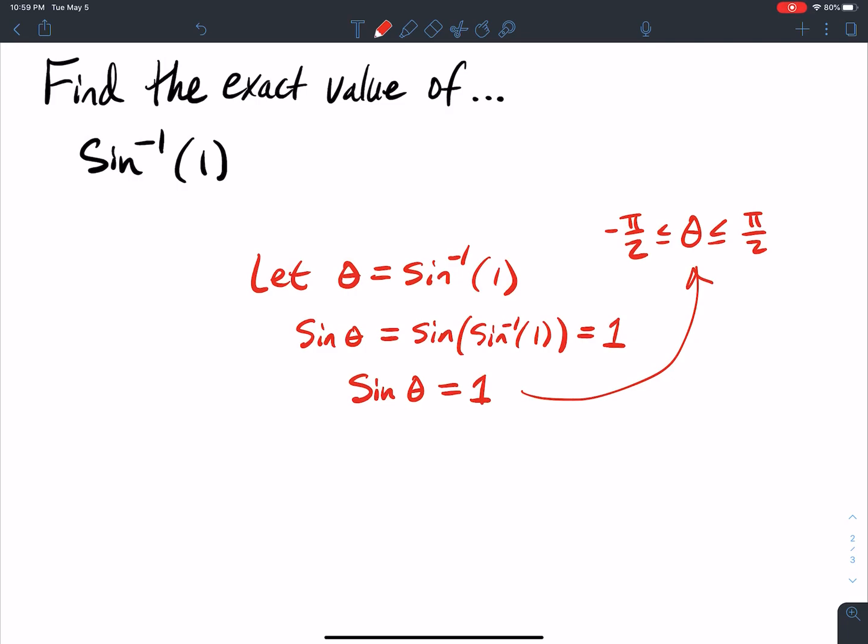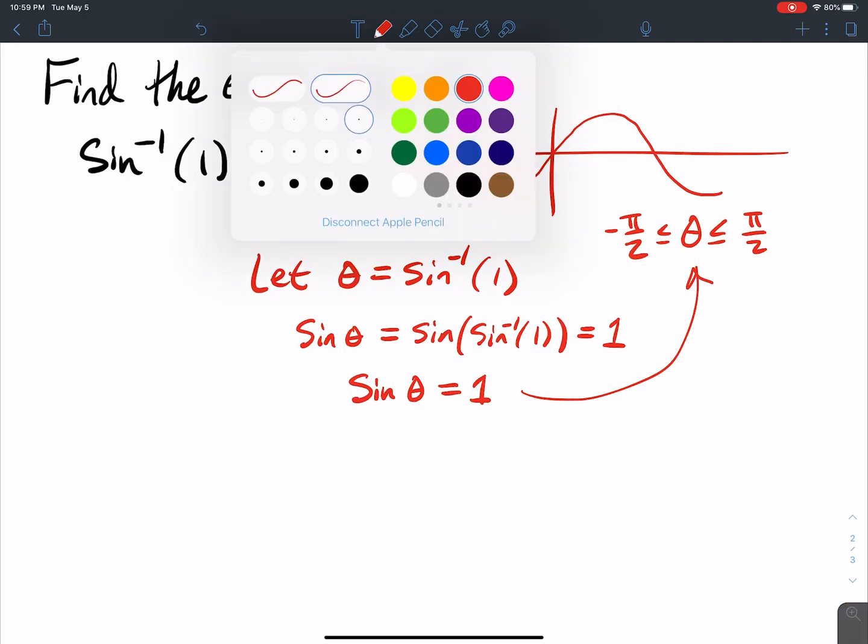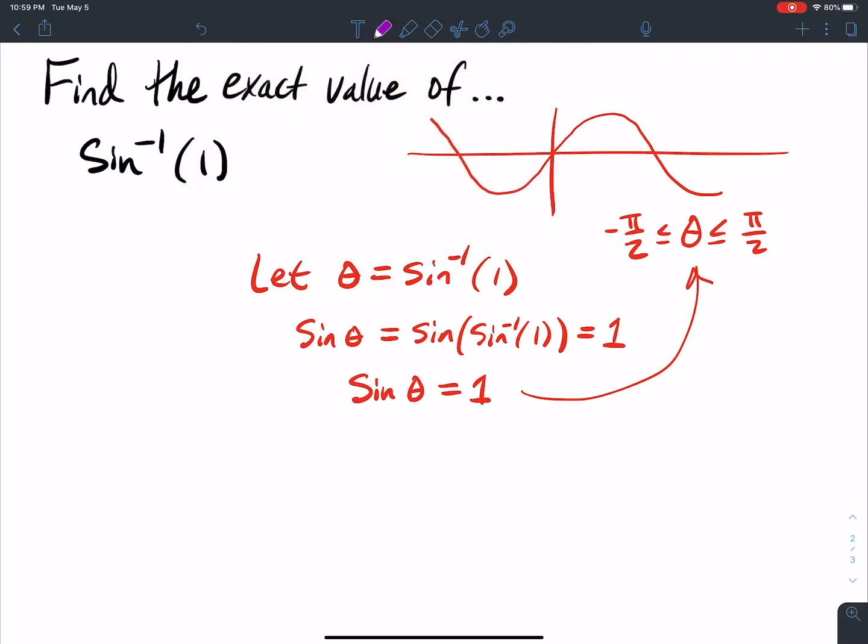Now let's think about sine of theta for just a second. Sine of theta looks like this. Now what did we say? We've restricted our theta to be between negative pi over 2 and positive pi over 2. Okay? So where is sine of theta equal to 1?